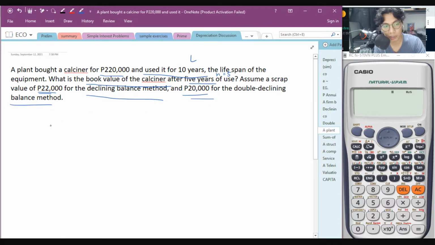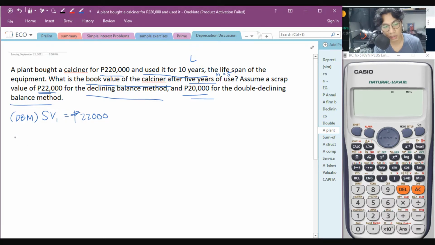So, binigay dito. Ilista natin. Dalawa yung kailangan mong hanapin dito. Okay? The book value using double declining balance method, and the book value using declining balance method, where dalawa yung binigay na scrap value or salvage value. So salvage value 1 for your declining balance method is 22,000 pesos.